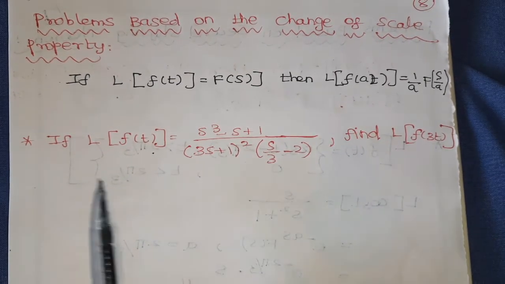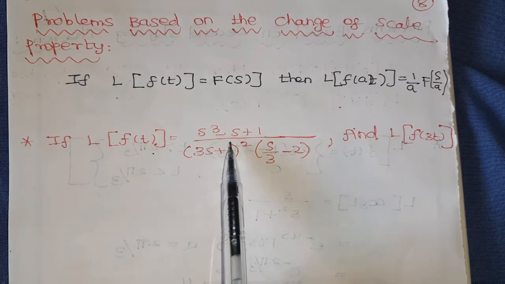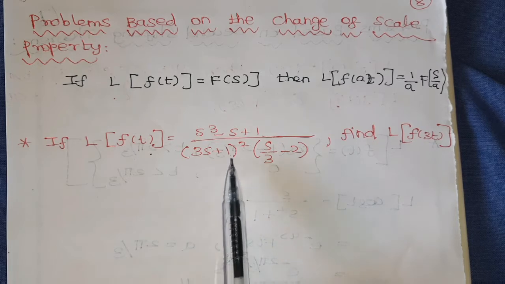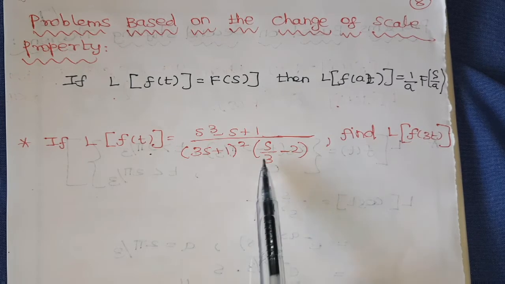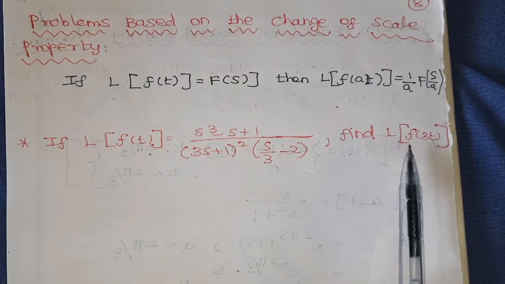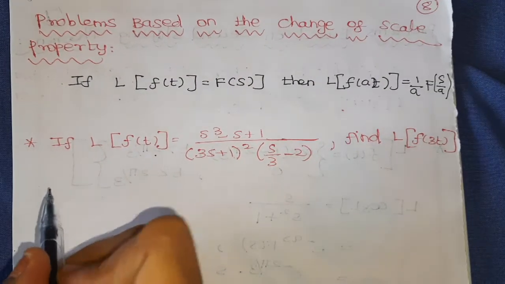First problem: if the Laplace transform of f(t) is equal to (s³ − s + 1) divided by (3s + 1)² times (s/3 − 2), find the Laplace transform of f(3t). Let's see how to solve this problem.